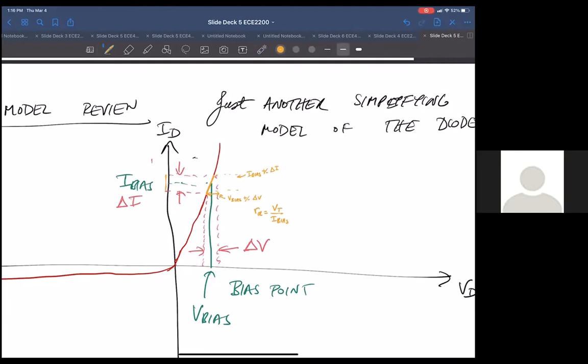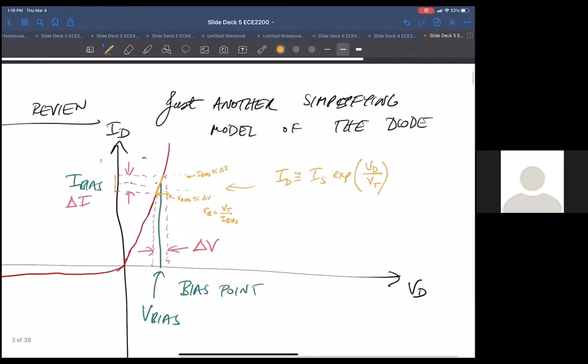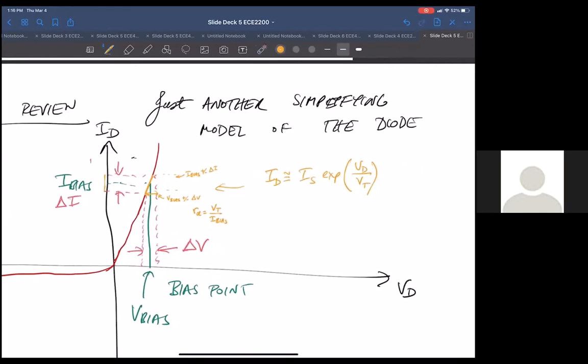Remember the equation in this forward bias, this approximation, we already approximated by V D over V T. If you're looking at this, then what you're really concerned about is the ratio between the change in voltage to V sub T. So basically you want to say that if V sub D is small compared to V sub T, which is 26 millivolts at room temperature, then this makes for a pretty good model.